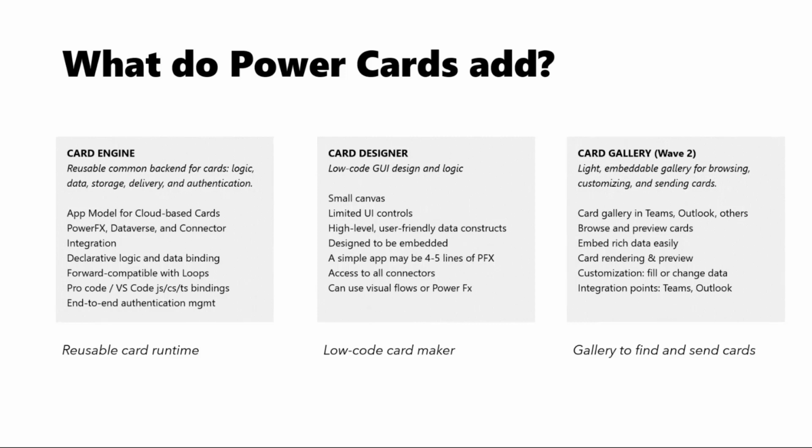And then what happens when you send a card is it turns from a card definition kept in the Dataverse to a live card instance, which is a separate entity in the Dataverse. And that keeps its state in Cosmos DB, which is a global database managed by Microsoft. So it scales with you transparently. You don't have to go set it up and tell it to scale.